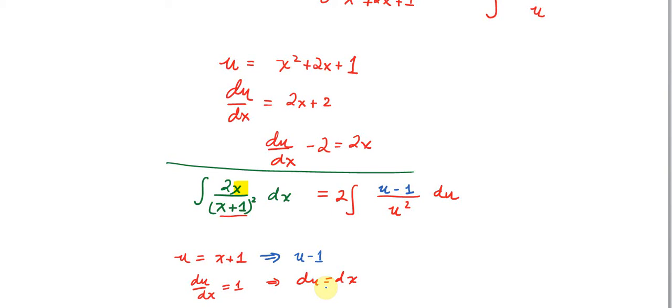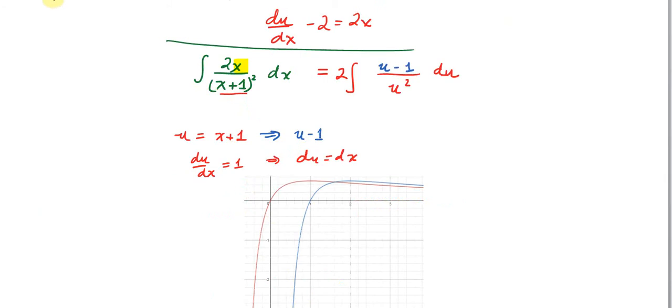Now, let's just think a little bit about what this function really means here. What exactly is going on? Graphically, if we look at the function 2x over x plus 1, the graphs look like the following. This red right here is 2x over x plus 1 quantity squared, and the blue is 2 times u minus 1 over u quantity squared.